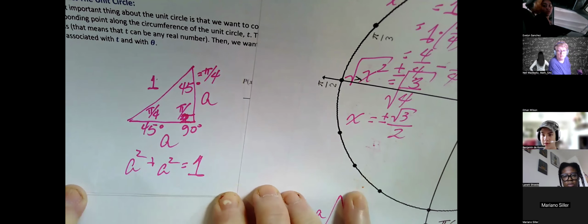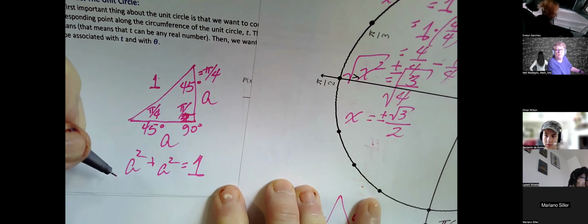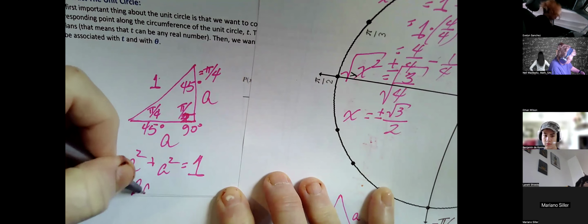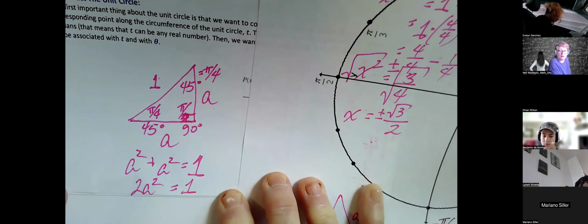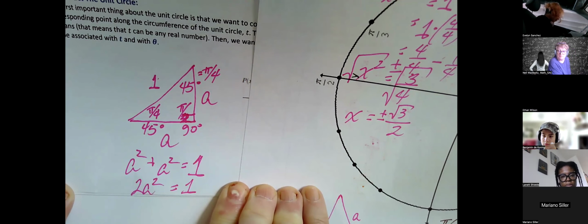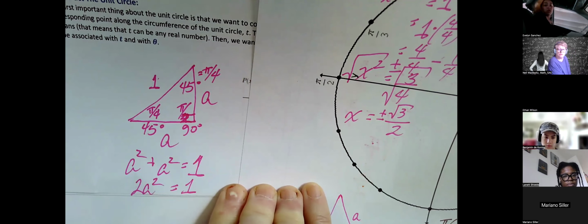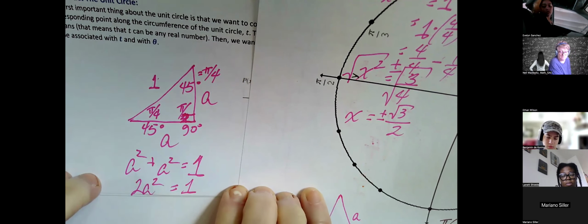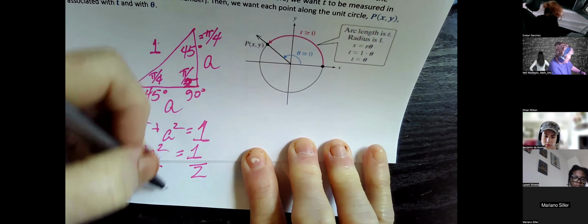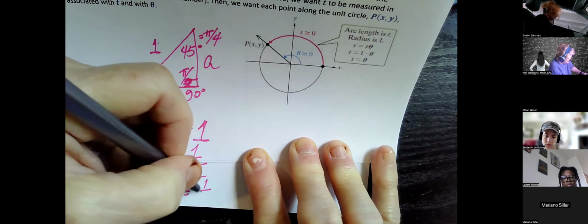That would be 2A squared. Yes. A squared times A squared is A to the 4th, but A squared plus A squared is 2A squared. How can we solve for A? We have to use order of operations in reverse, if that helps. So we divide by 2 and then we take the square root of both sides. That's right. So we get that A squared is 1/2.